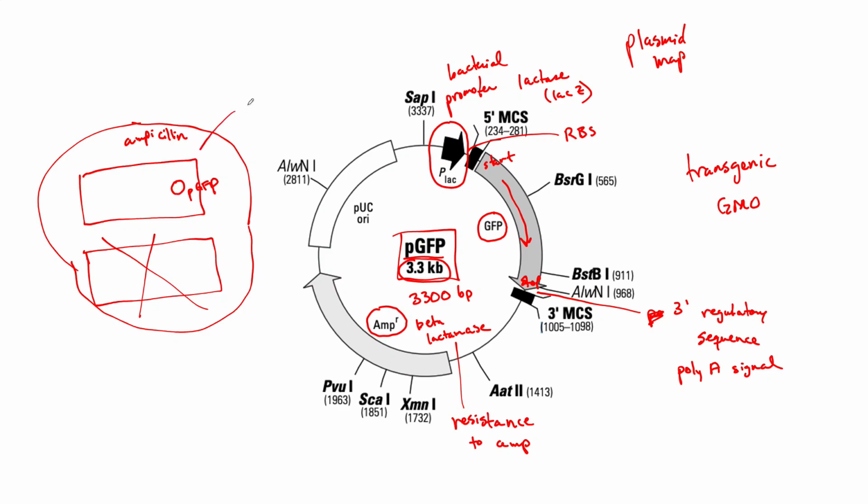This is called artificial selection, as opposed to natural selection, right? We are artificially selecting the bacteria that we want to survive and killing off the ones we don't want to survive. And this gene here, this ampicillin resistance gene, is called a selective marker.